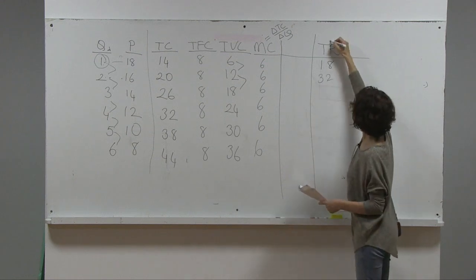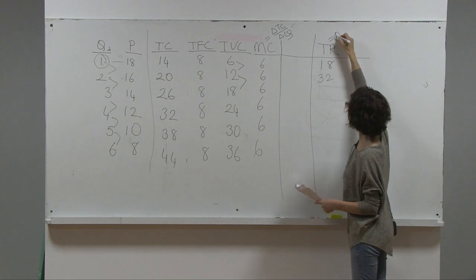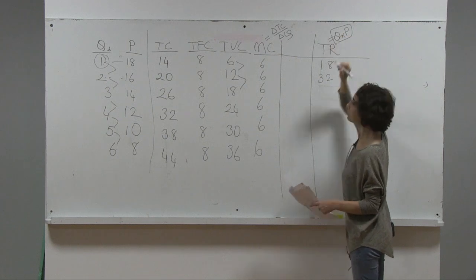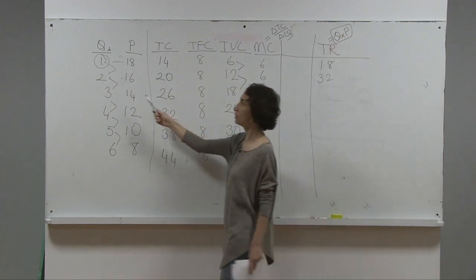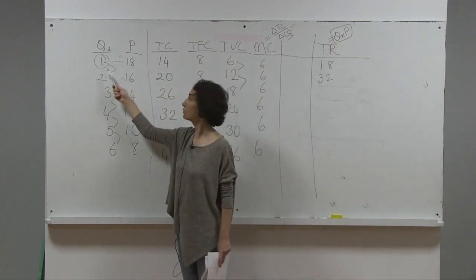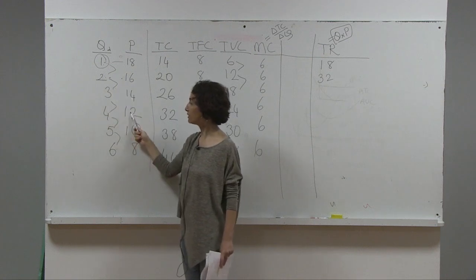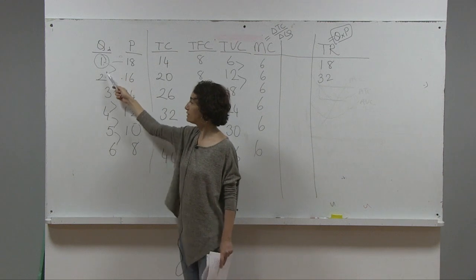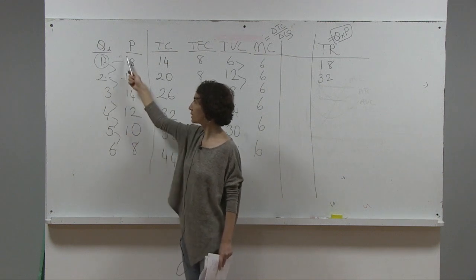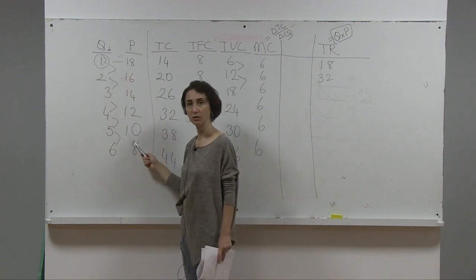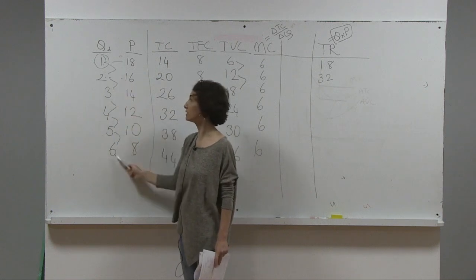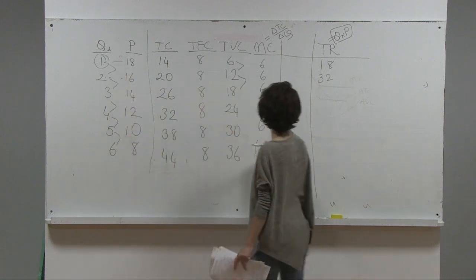Now, I'm just using this: total revenue is quantity times price. Quantity sold times price, right? So I already know them. As quantities increase, price goes down.